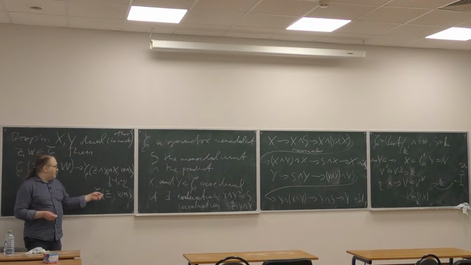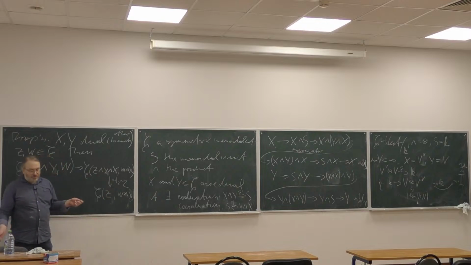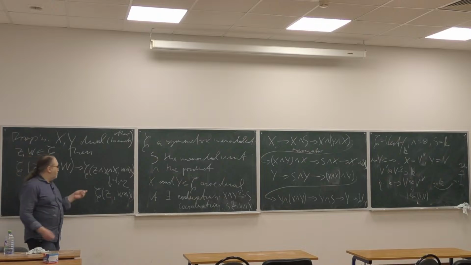And the co-evaluation map goes from nothing to y wedge x. So on the Homs we get there in the opposite direction. Does this make sense, Alexei? Good.